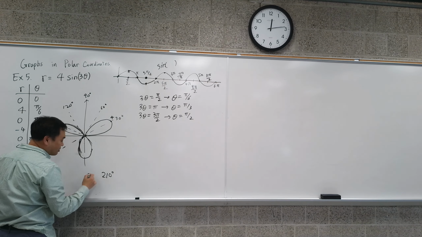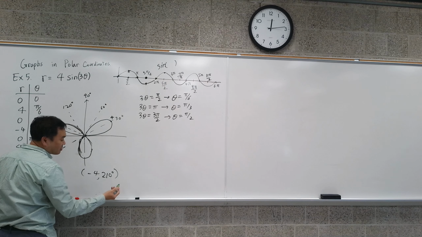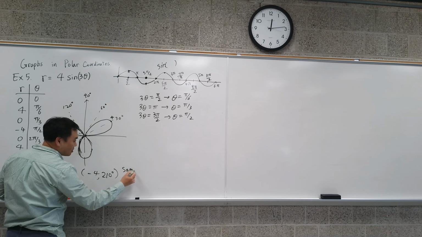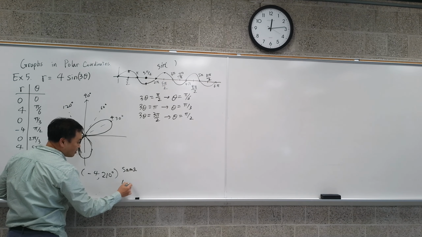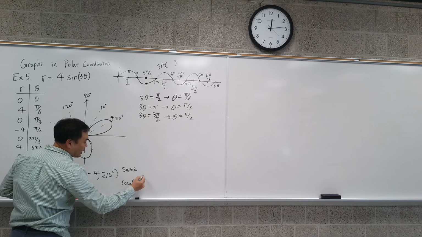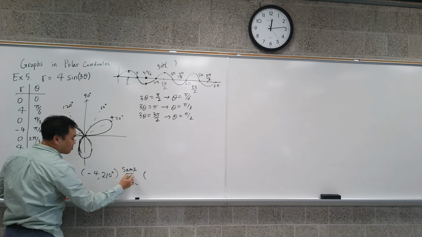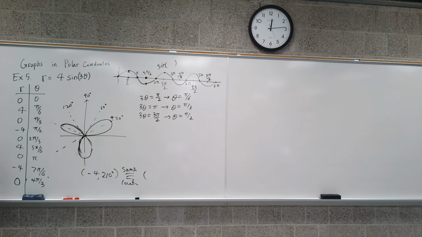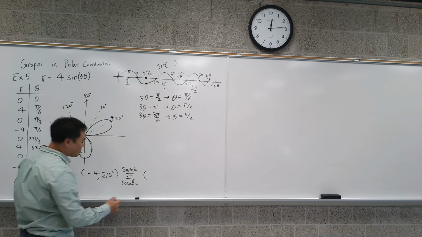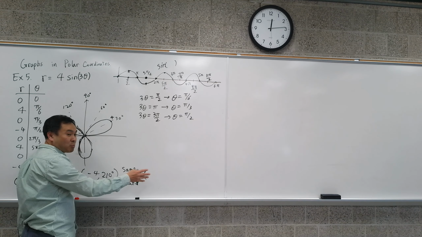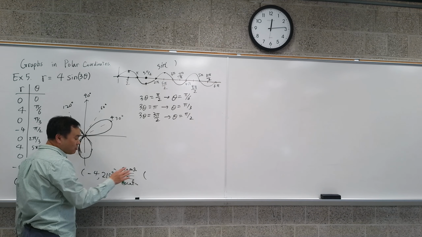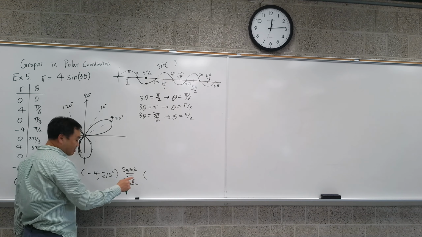210 degrees with -4 is the same location as, so I'll put, I don't know the correct symbol for it, I'll put 3 equal signs to say, it's not the same point, same value, but on the coordinate it's the same location.